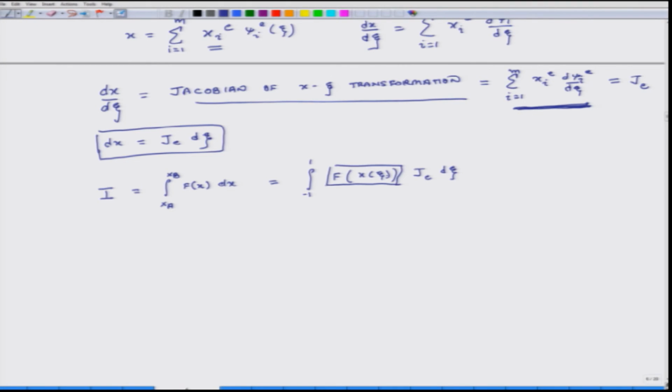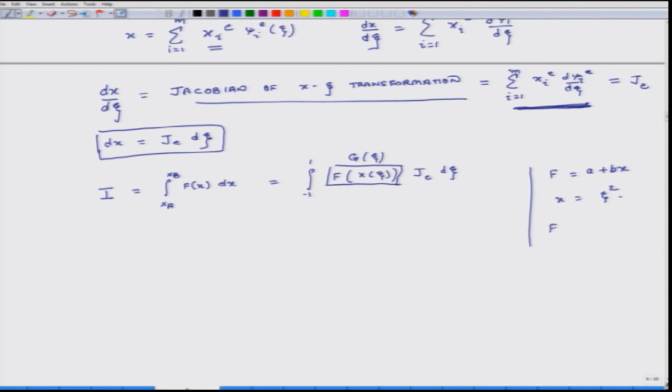This I can also write as some other function g of zeta, but g and f are not the same. I will give you an example. Let us say f is equal to a plus bx, and x is equal to zeta square. Now, this may not be a valid interpolation function, but I am just trying to illustrate.